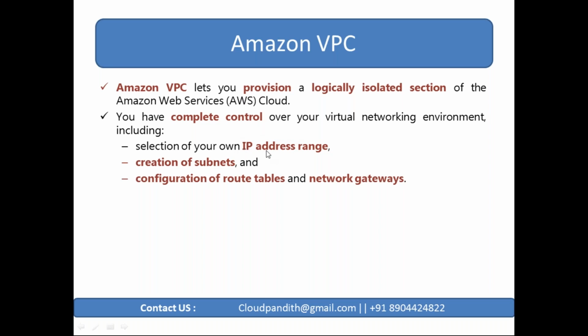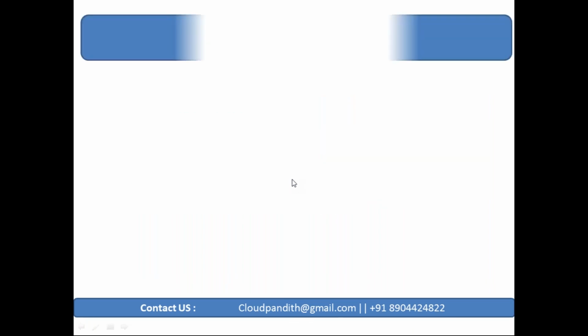The difference here is you can give your own IP addresses, so you won't get any default IP addresses. If it is a public IP address you will get it, but within a VPC, if you want IP addresses, you can decide what type of IP addresses you want. I know you will not be able to understand anything in VPC because this is completely different, friends. Okay, so we will discuss this VPC later.